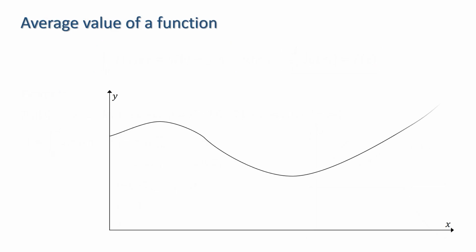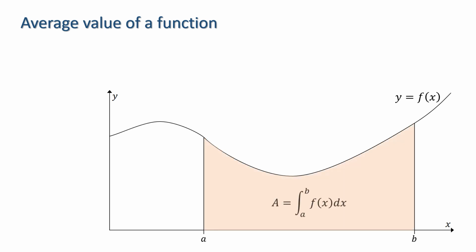Let us consider again a curve in the xy plane described by the equation y equals f of x. To find the average value of the function between a lower limit a and an upper limit b, we first look at the area under the curve, which is, as we have seen, the definite integral of f with respect to x between a and b. We can generate a rectangle that spans a to b and has area equal to the area under the curve, as shown here.